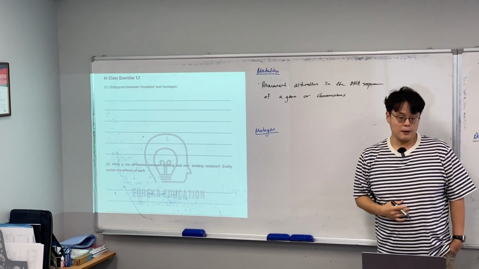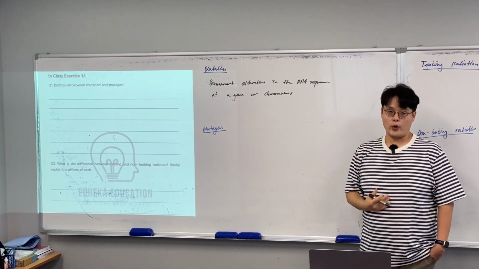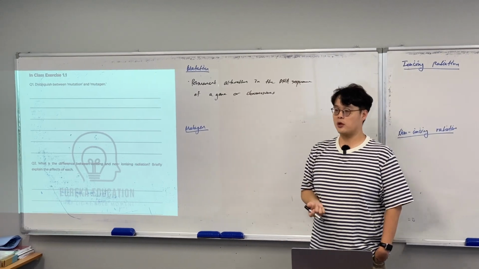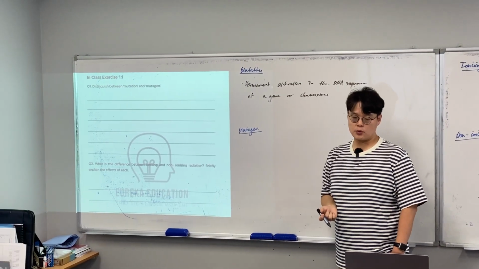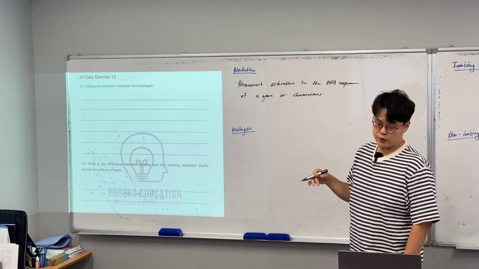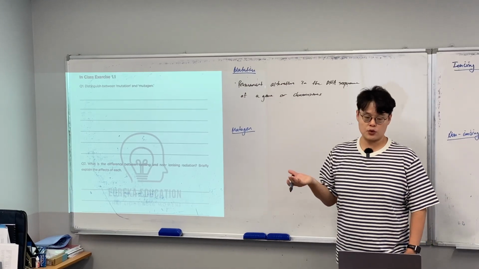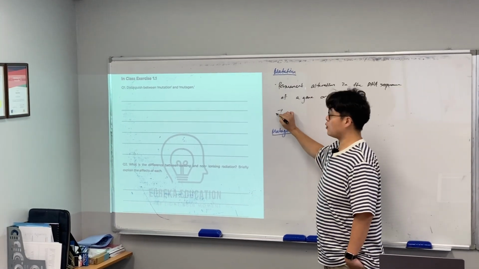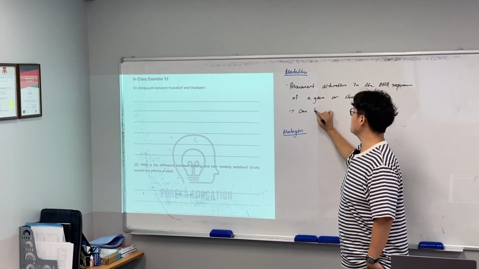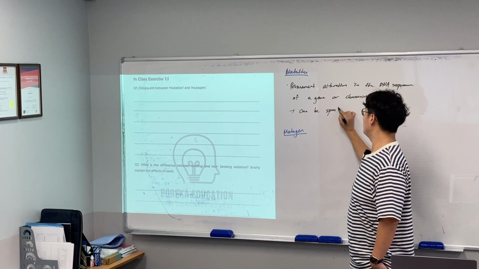Okay, defining the mutation, there are various ways we can define it, but I just choose to say it's a permanent alteration in the DNA sequence of the gene or the chromosomes, and it is due to errors in DNA replication or repair, so it can be spontaneous.